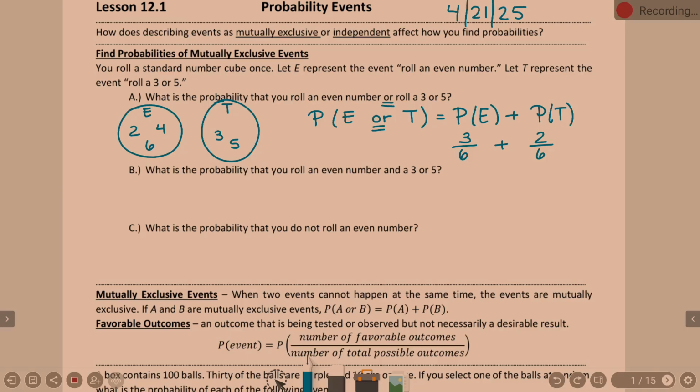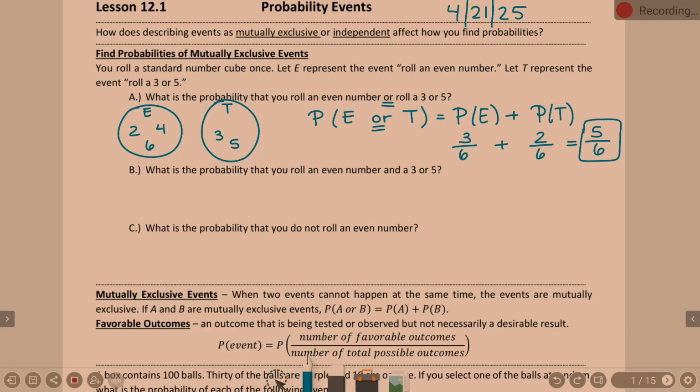You can't get a 2, 4, or 6 and a 3 or 5 on the same roll. One or the other could happen, but you can't get both. What is 3/6 plus 2/6? 5/6. Which is the only reason I didn't write down the answer of 1/2, because I knew where this was going.